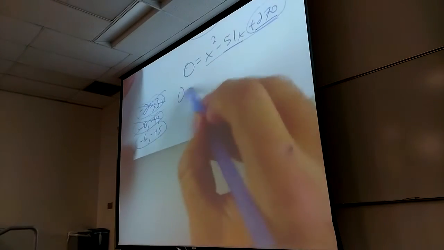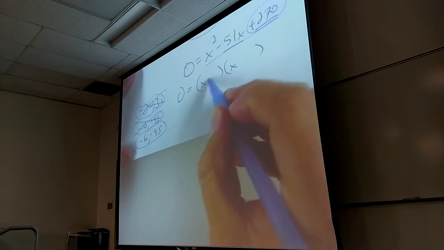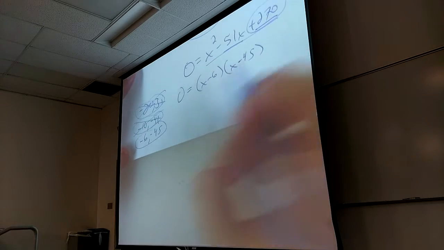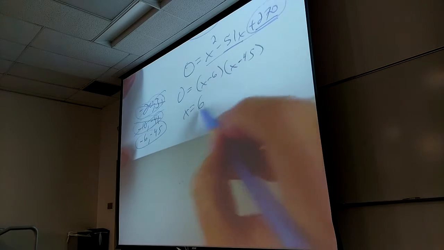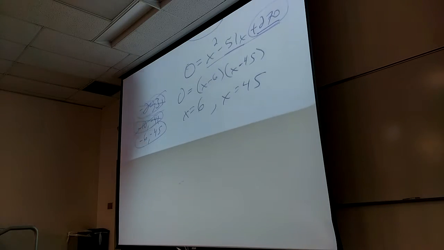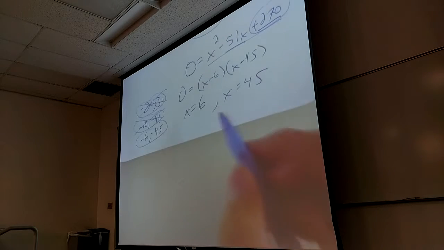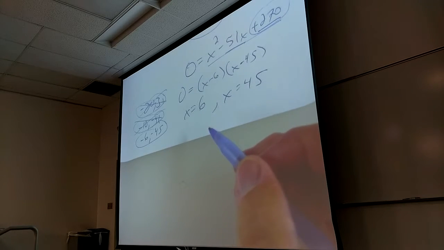So then how do I factor this? So you get x equals 6. Now there's a problem with one of these answers. It's not immediately obvious. One's too small.